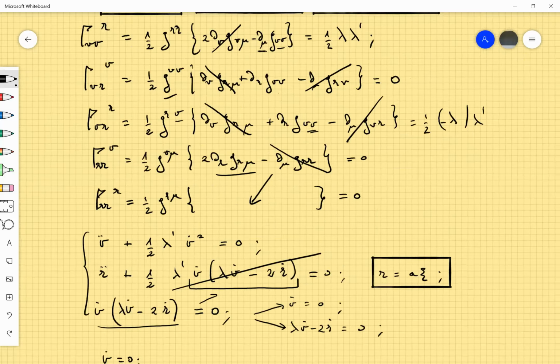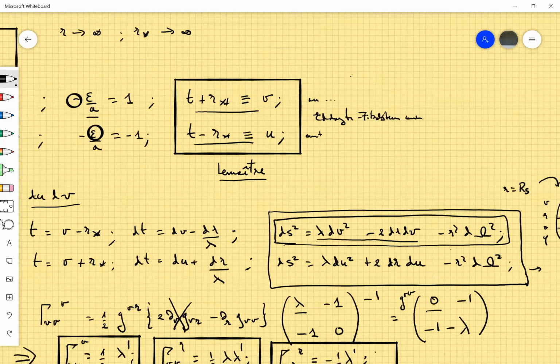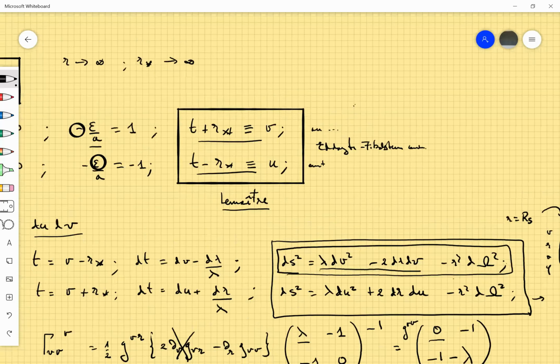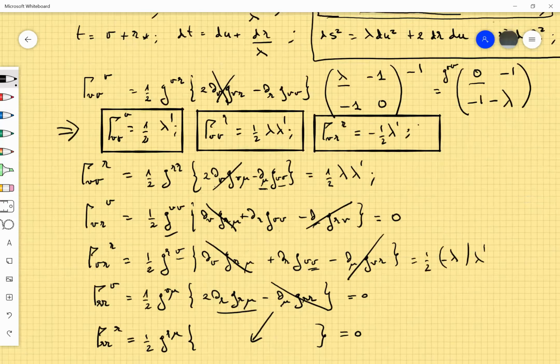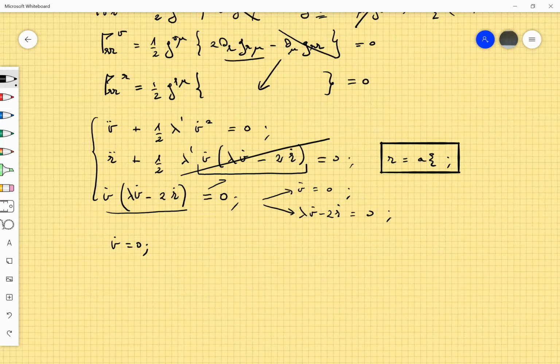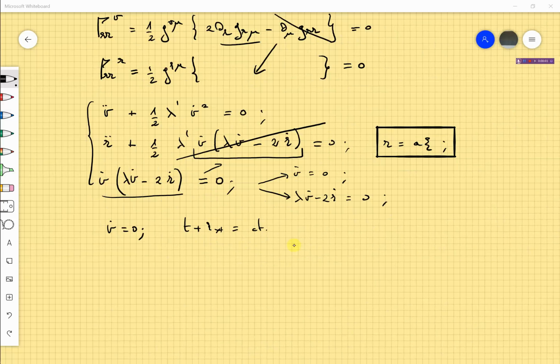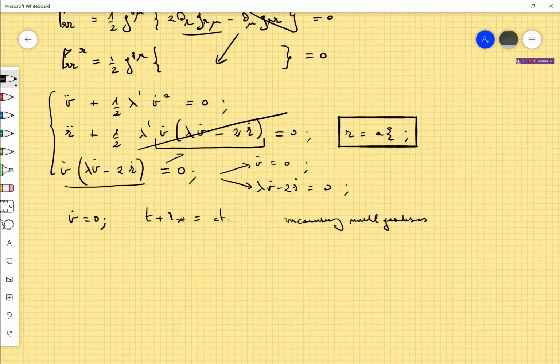Remembering the definition of v, which was t plus r star, this means that t plus r star was a constant. These are the incoming geodesics, not outgoing, always radial.